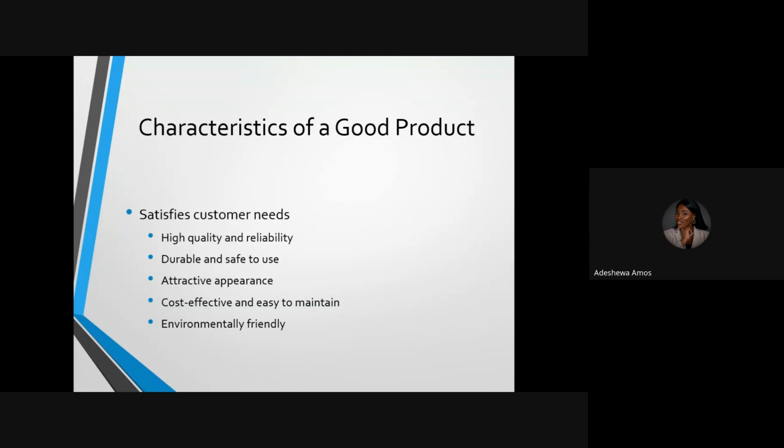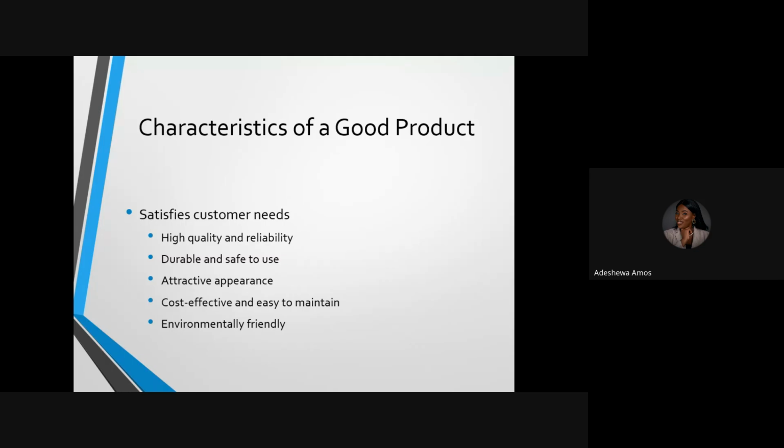Then we have high quality and reliability. Every product that you buy must have good quality, which I spoke about the last time we met, that as an organization, as an operations manager, you have to ensure that when you are producing a product for your customer, that product is of the right quality and of the right quantity. So it is the same here.